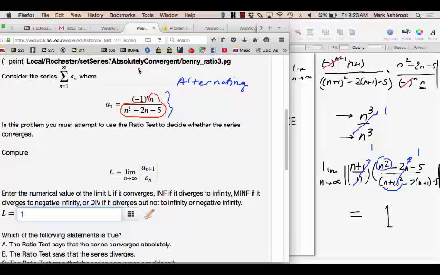Does it? As n gets large, that's essentially n over n squared, or 1 over n. So does the b-n sequence decrease to 0? It's essentially 1 over n for large n. You should be thinking yes, of course, that decreases to 0. And in the alternating series test, that's all we need.